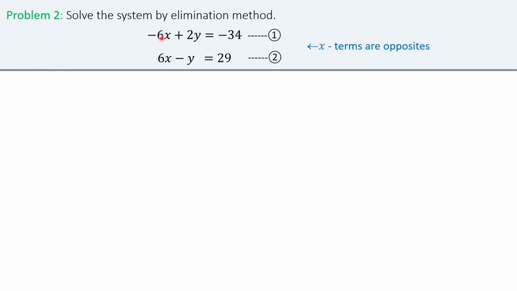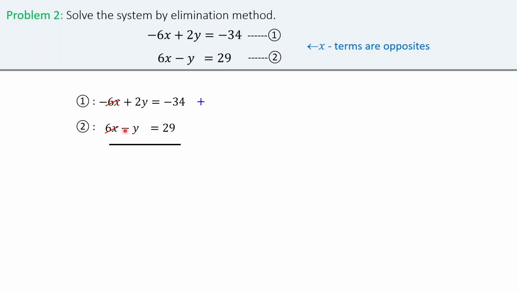So the x terms are opposites. If you add these two equations, you can eliminate the variable x. So write these equations. Now add negative 6x, positive 6x, cancel out.